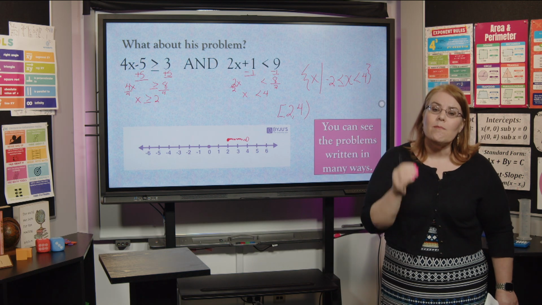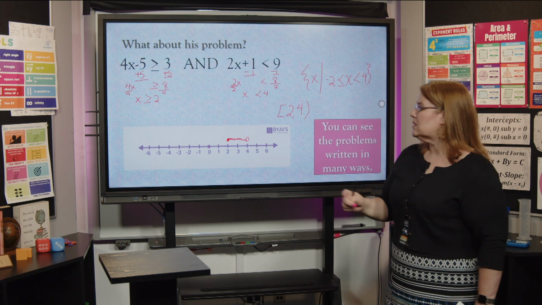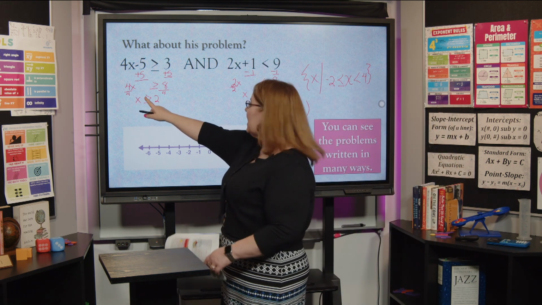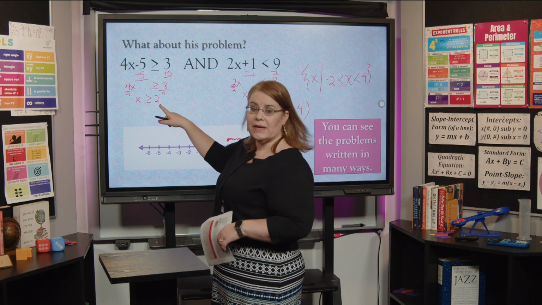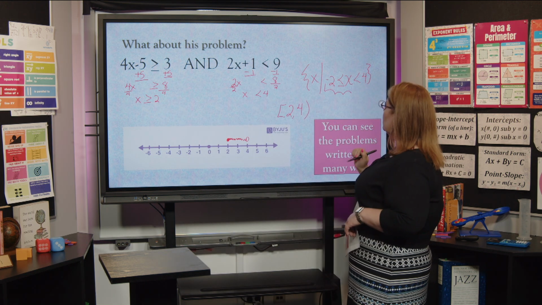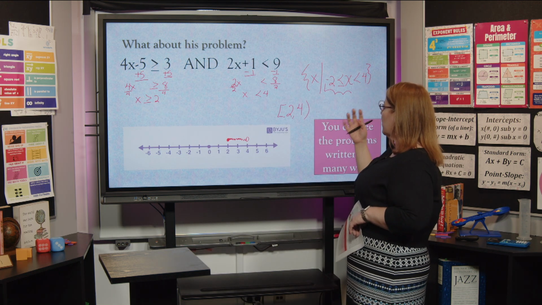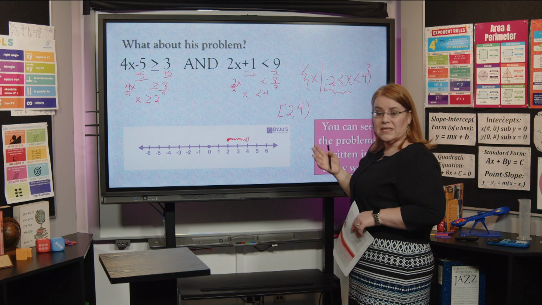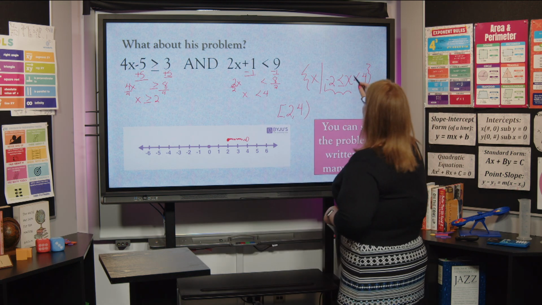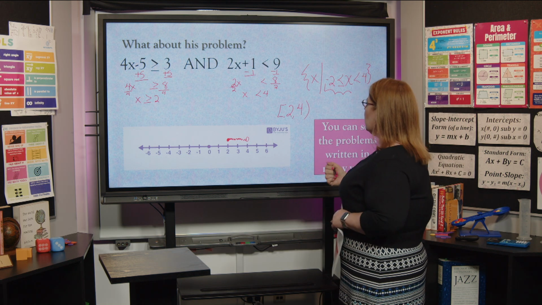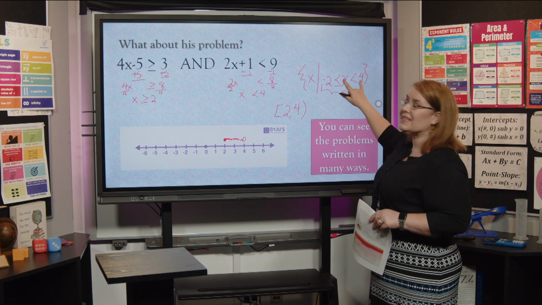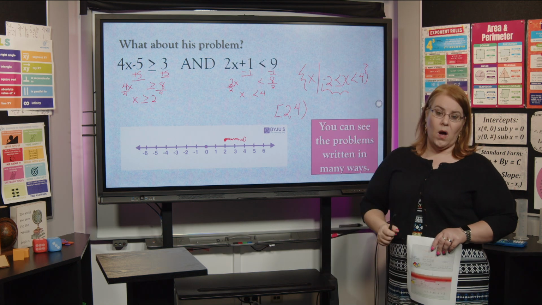Remember, we're looking at meanings, not necessarily points. I'm saying that my 2 is smaller than or equal to my x, or my x is larger than or equal to my 2. Is that not what this says? Negative 2 is less than or equal to x, or x is greater than or equal to negative 2? It says that. Also, it says that my variables are smaller than 4. So I'm saying the same thing, I'm just writing them with the exact same type of inequalities.